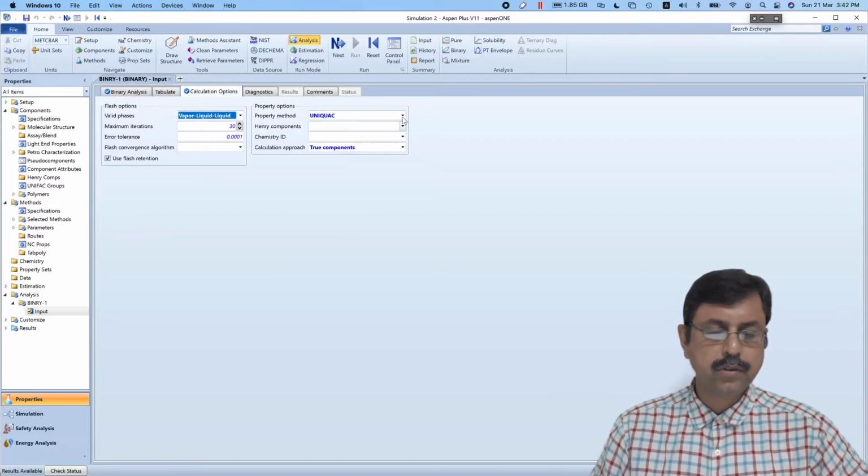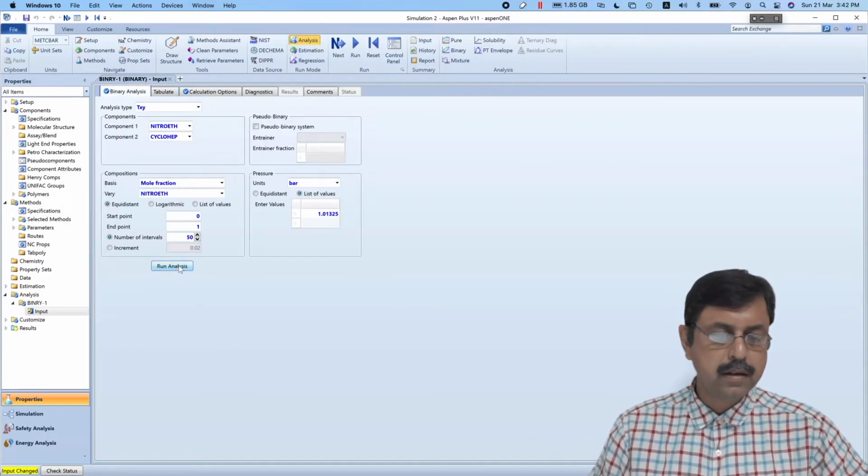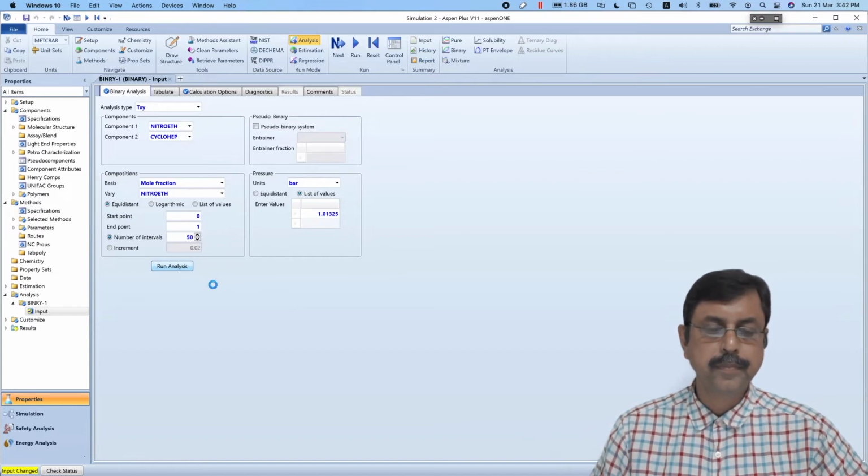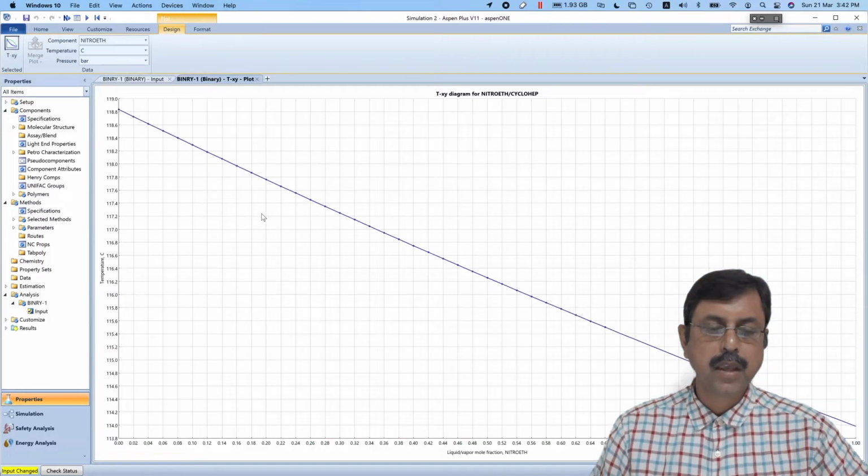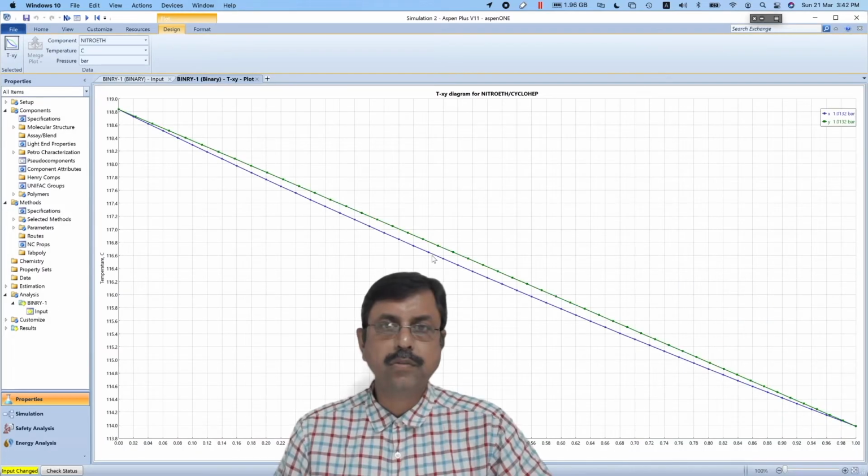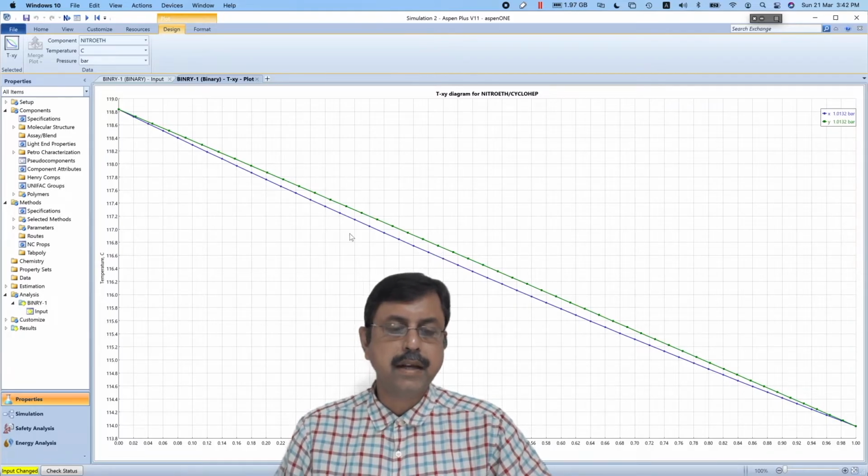First, let us choose ideal and then run analysis. We have assumed it an ideal system, so the graph looks like that of an ideal system. Anyway, we are not interested in the TXY plot. We have to look for the activity coefficient plot.